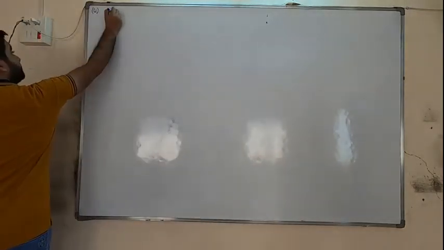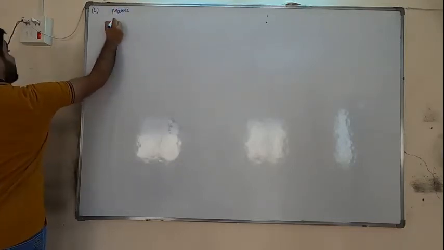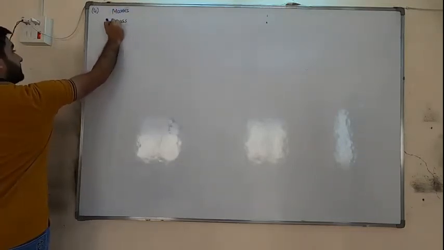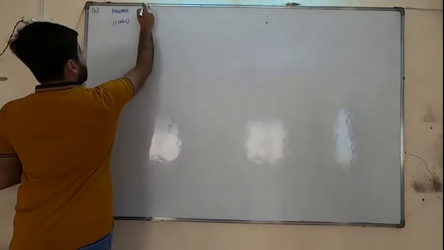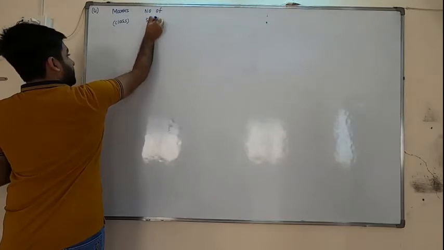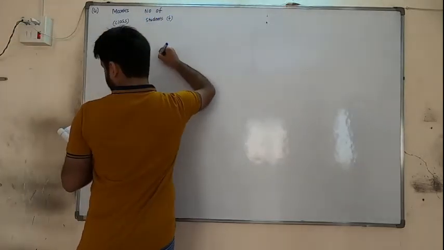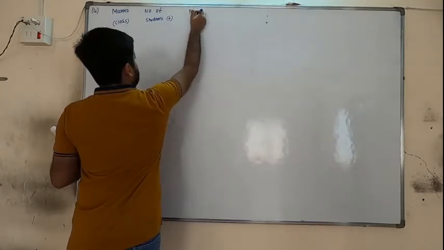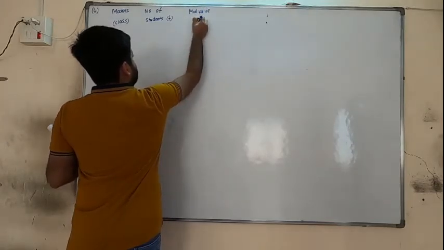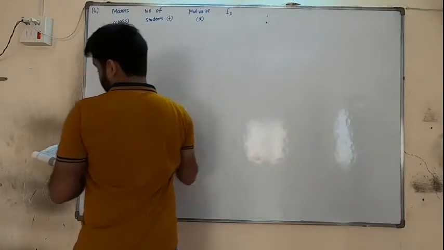Sum number 4. Marks class, number of students f, mid value x, and finally fx.